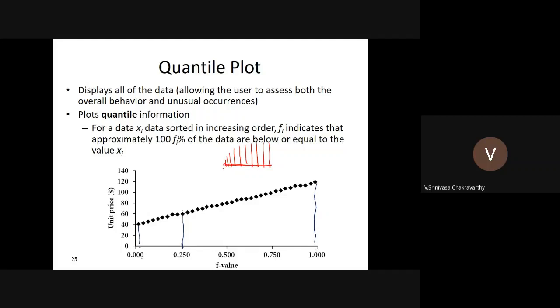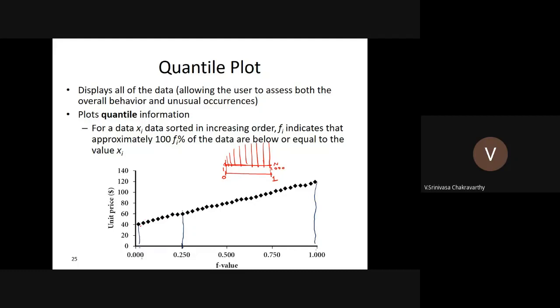Now this is your first data point. This is your 1,000th data point. Now on the same axis, I map it onto the unit interval where this end is 0, this end is 1. Your capital N, which is the size of the data set, maps onto 1, and the first data point maps onto 0.